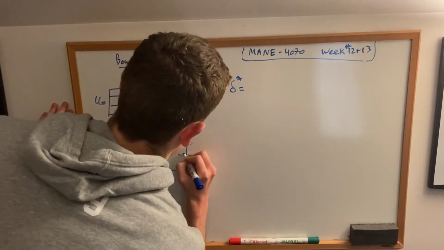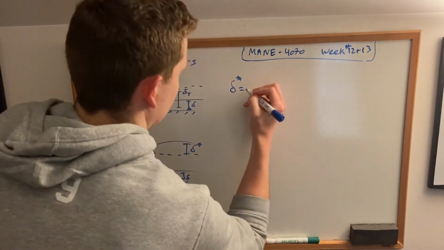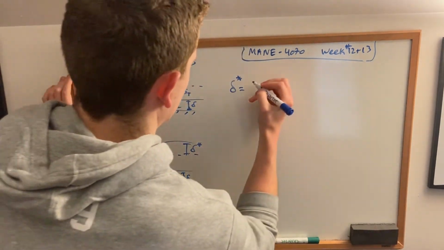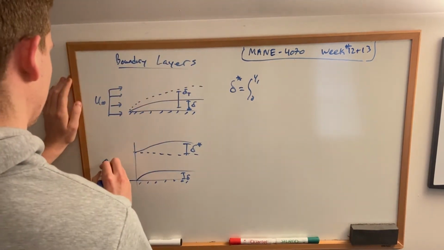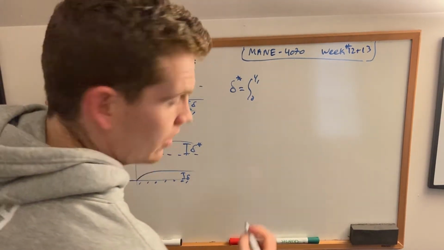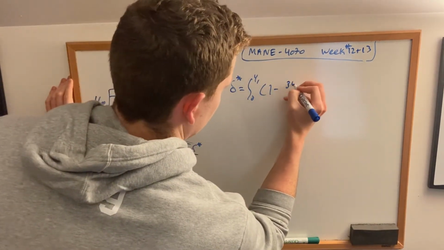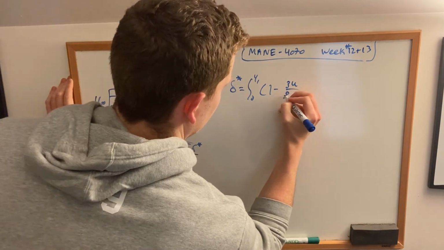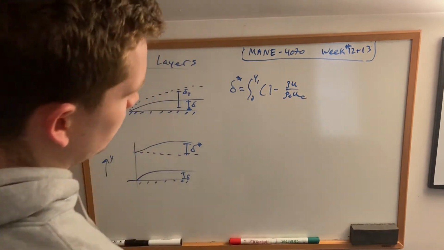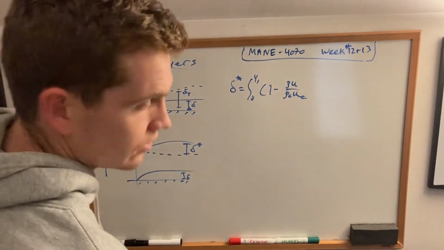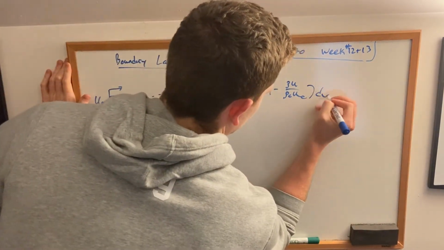So we define the displacement thickness as such, and its mathematical definition is the integral from 0 to some y1, with y being the vertical direction, of 1 minus the local u over the ambient density and velocity, integrated with respect to y.